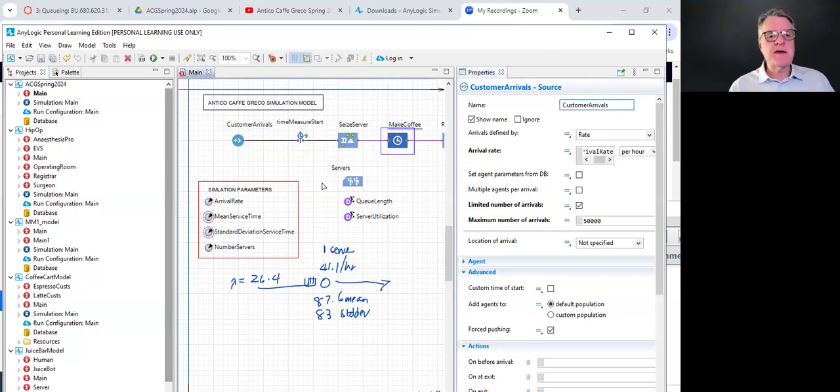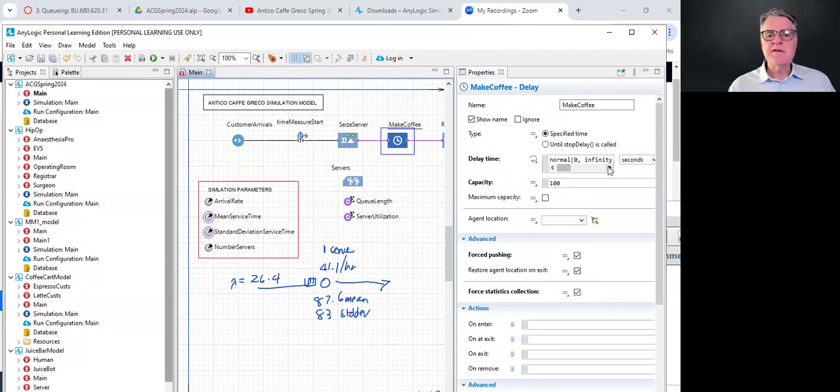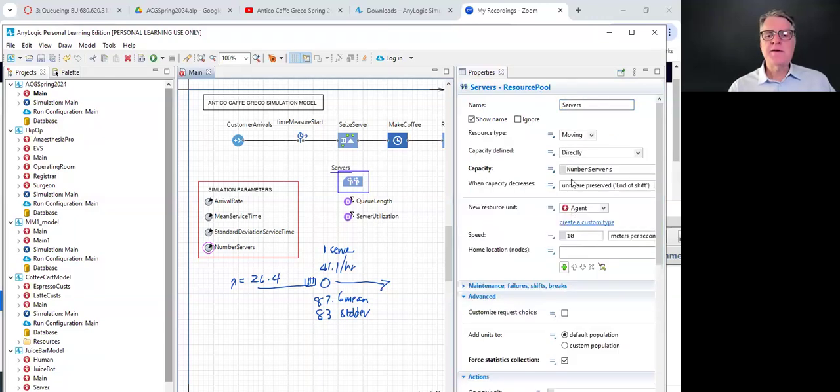And then in the coffee making process, we previously saw that this is a truncated normal with a mean service time specified here, followed by the standard deviation. So those are those two here, mean and standard deviation of service time. It's fully written out. And then finally, the resource pool has number of servers listed here. So that's why changing it here is important.